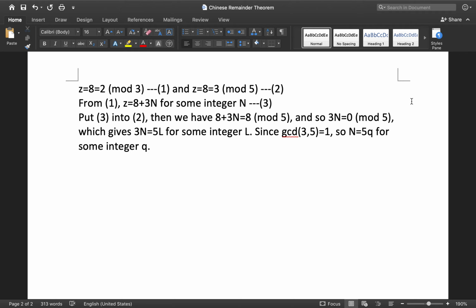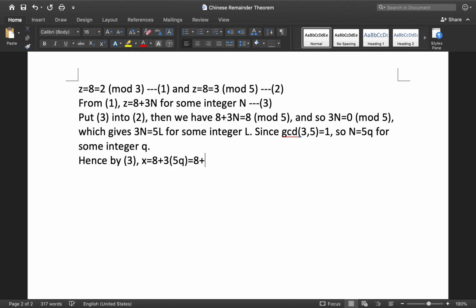Now this is important, because if you put it back into equation 3, we get z equal to 8 plus 3 times 5q, which is equal to 8 plus 15q.